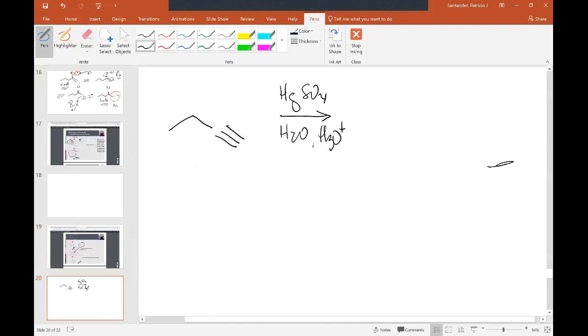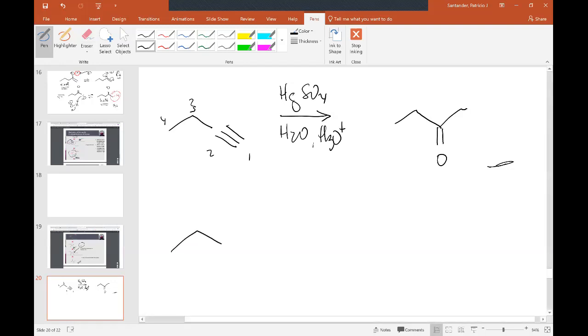So the overall result that I will get will be a 1, 2, 3, 4 carbon atom compound, and because the reaction is Markovnikov, the oxygen will end up in the second carbon atom.